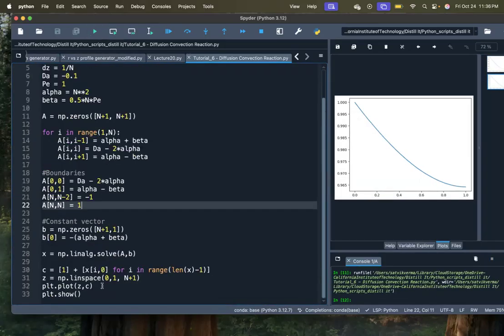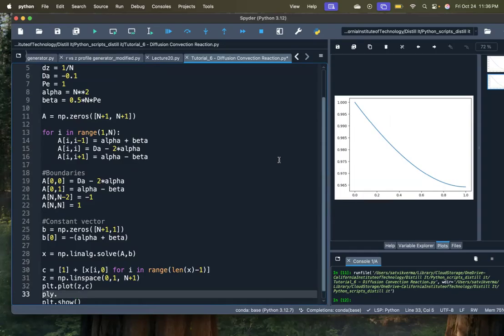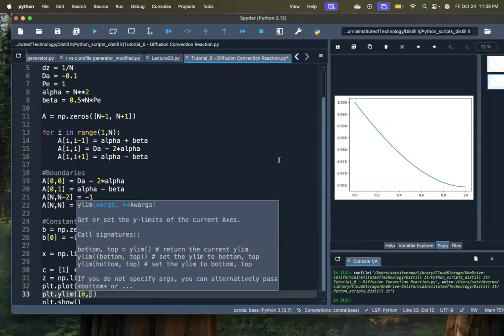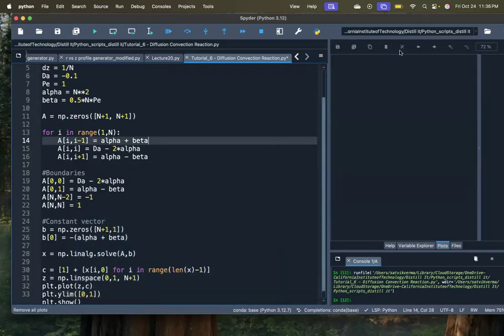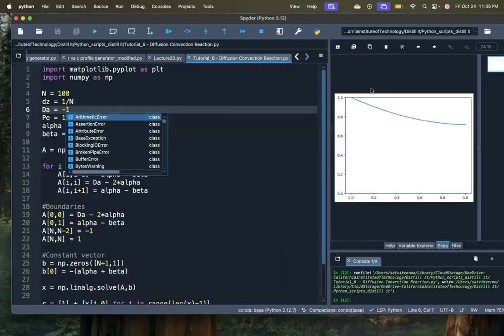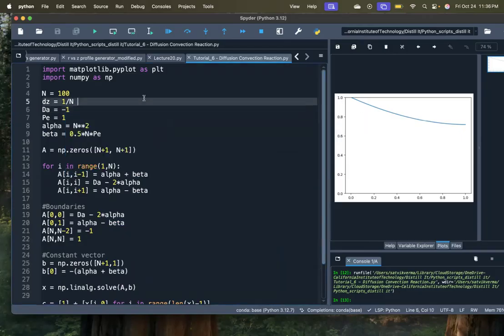Actually, let's just assign limits to my y. So plt.ylim(0, 1), just so that we are able to make good comparisons. So over here, you see that's how the concentration actually changes, right? The concentration profile is like this in z, right?